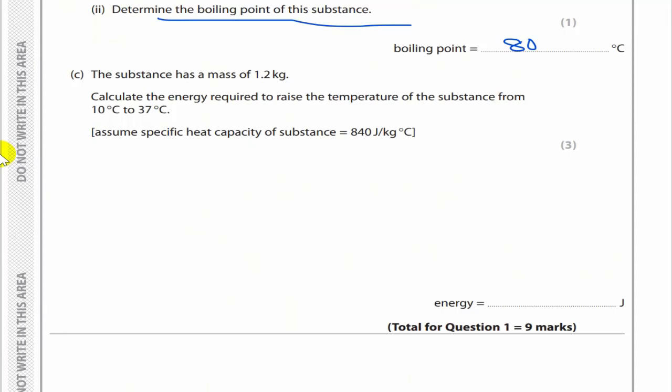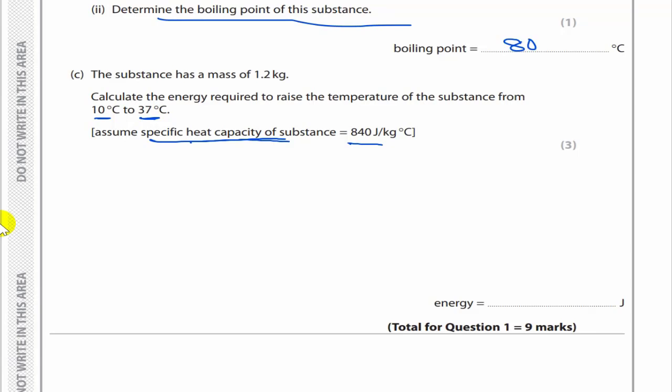The substance has a mass of 1.2 kg. Calculate the energy required to raise the temperature of the substance from 10 degrees Celsius to 37 degrees Celsius. Assume the specific heat capacity of the substance is 840 joule per kg degree Celsius.